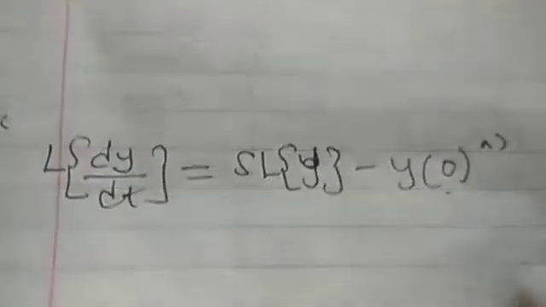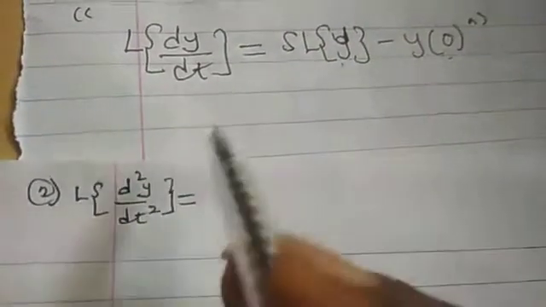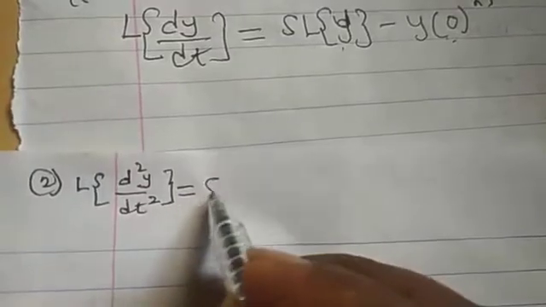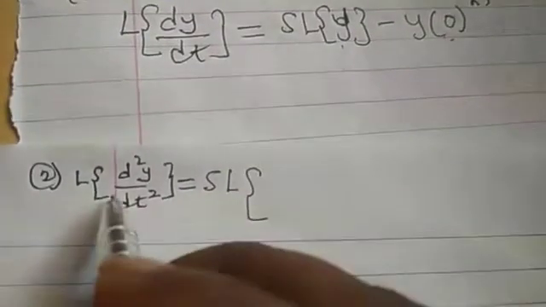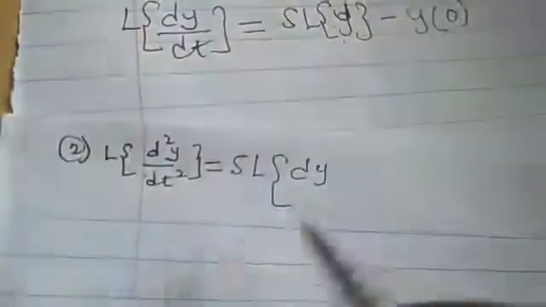Now let's consider the Laplace transform of the second derivative. So this is the one we proved above, and it is the one we are going to use for this one. Since the Laplace transform of dy dt is s L of y minus y of 0, for the second derivative, this will become s L again, but of the first derivative now.